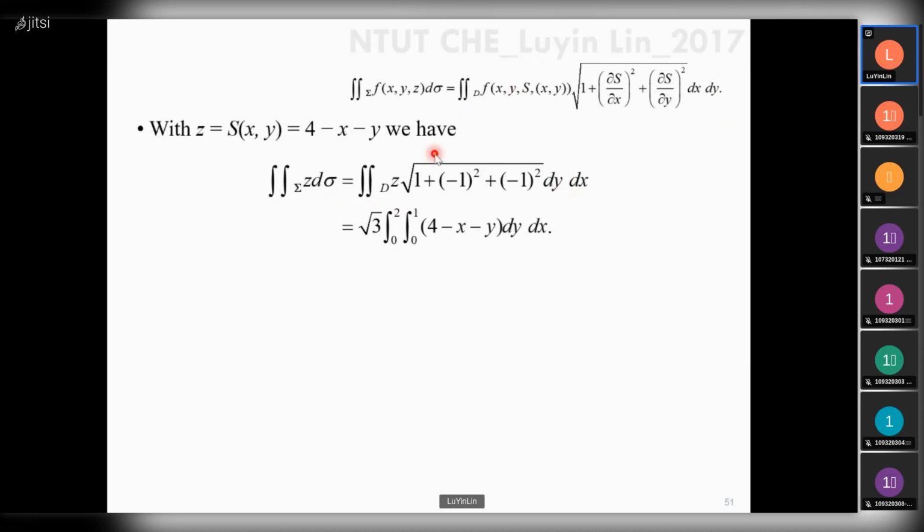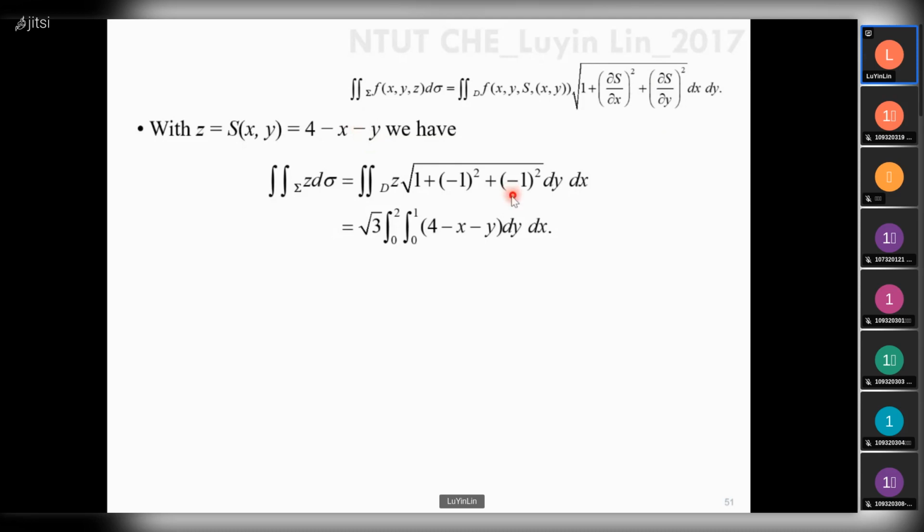The z is still here, and this square root is this square root. Partial s over partial x is -1, very simple. Partial s over partial y is also -1.